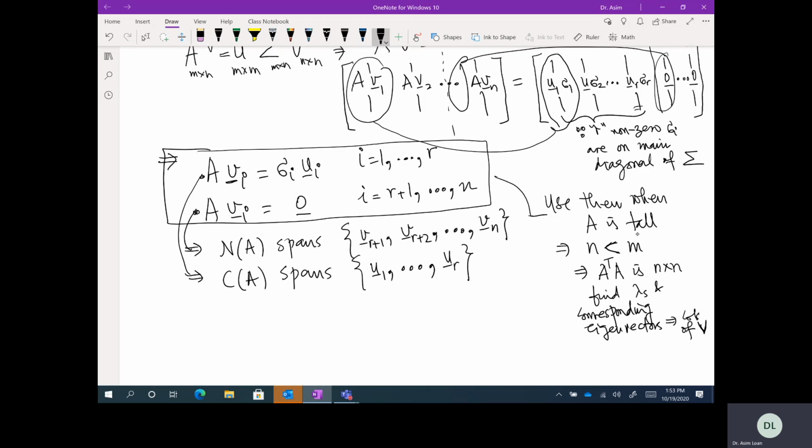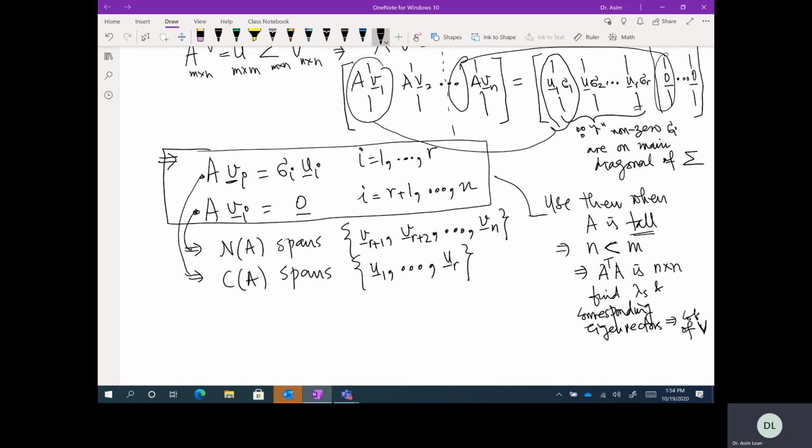Because if it's tall, this will be of a smaller dimension than A A transpose. Because A A transpose is M by M, and obviously since N is smaller, this is a smaller matrix and I can easily calculate the eigenvectors of it.